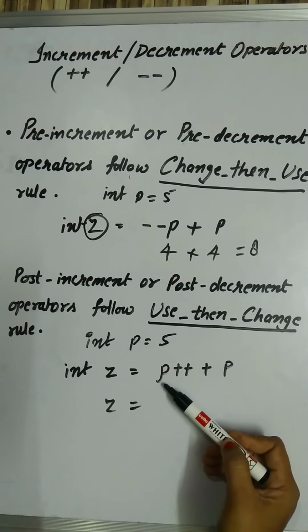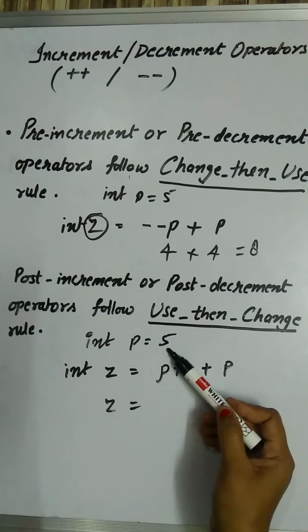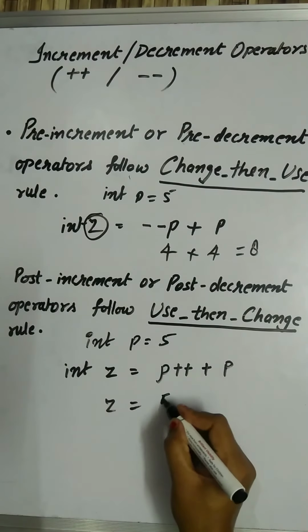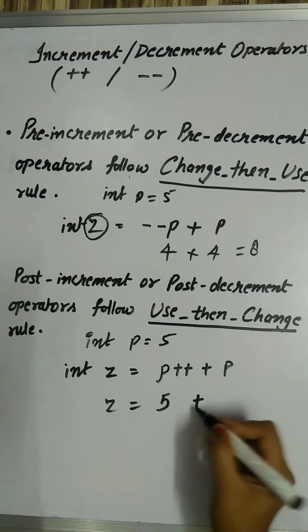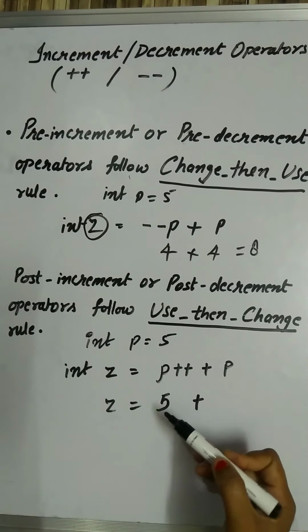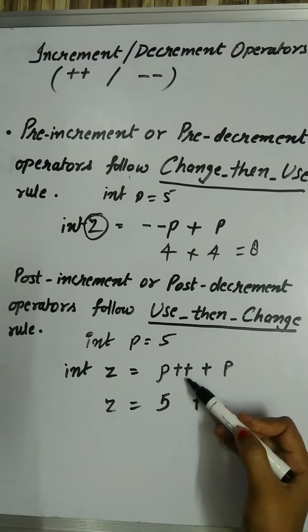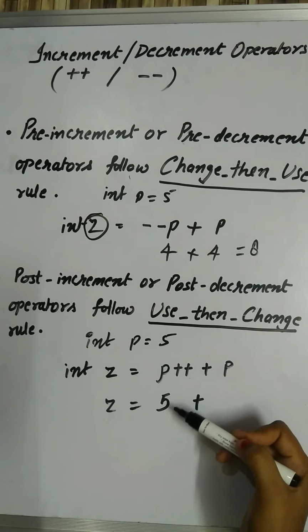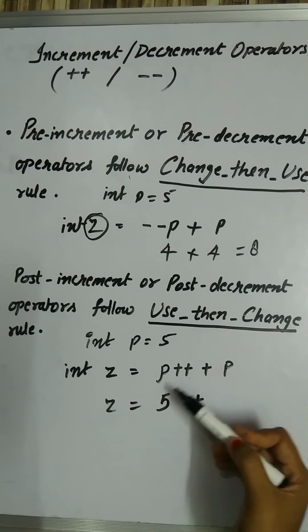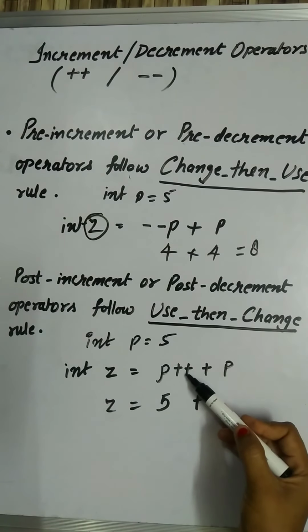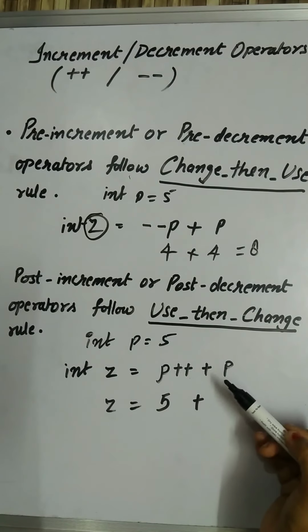So here we write the p value as the same initial value, that is 5. Then plus. After we use it, then we change, adding 1 to the operand. So the p value is 5, and next time it will add 1 and the p value is 6.